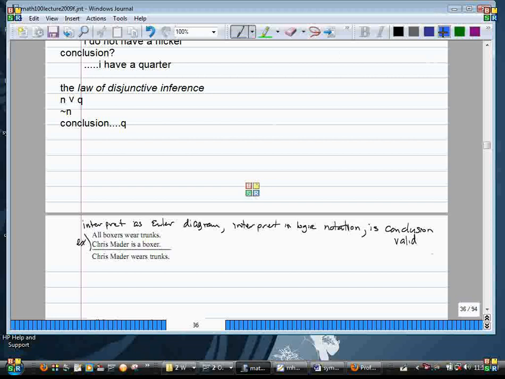What we're looking at, and this is another thing that you'll have to get used to when dealing with logic, is the form of the argument itself. So we don't know whether or not all boxers wear trunks. We don't know whether or not Chris Mader is a boxer. We don't know whether or not Chris Mader wears trunks. But we're looking at the structure of this argument. So does the structure of this argument work? So we say, is it valid?